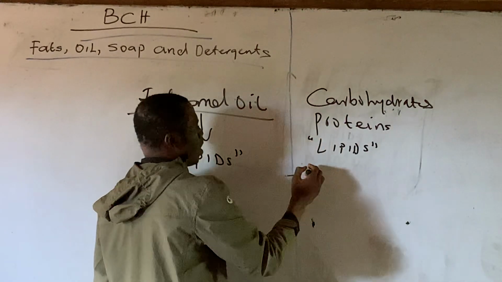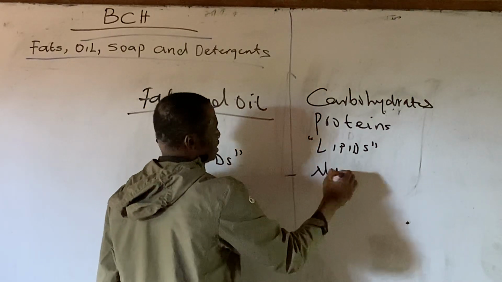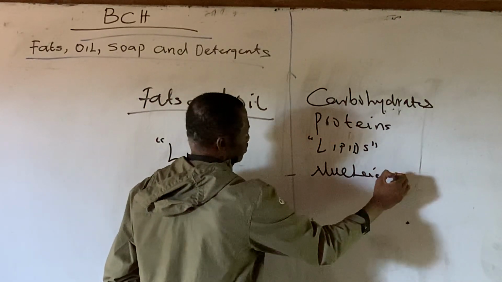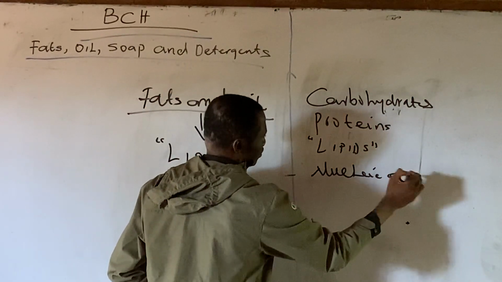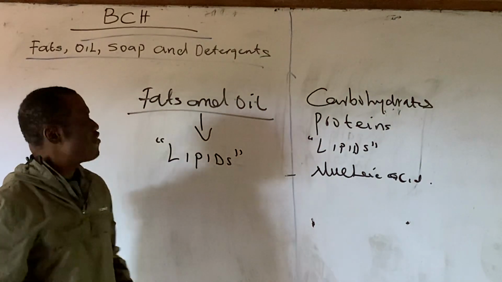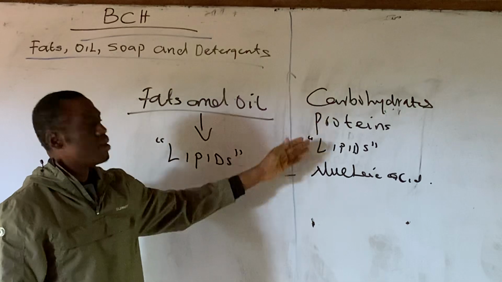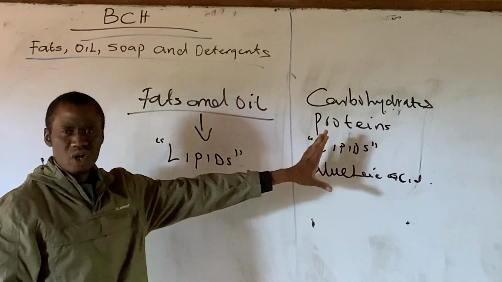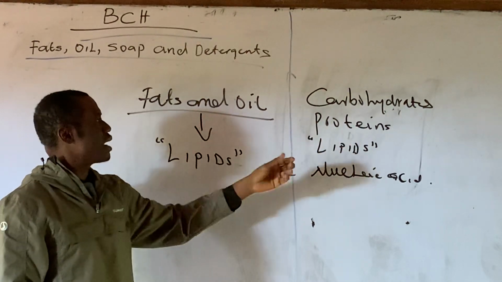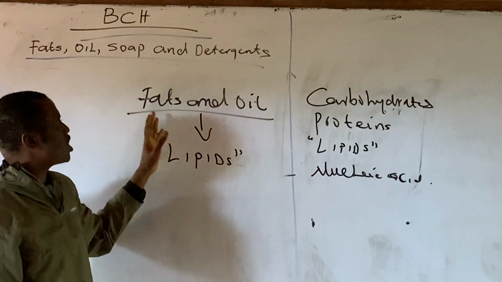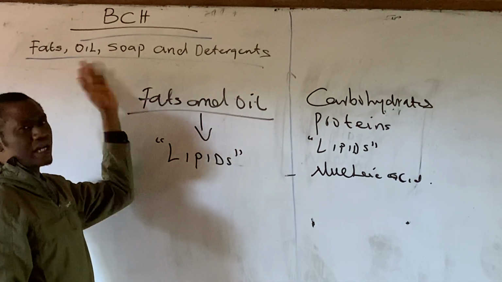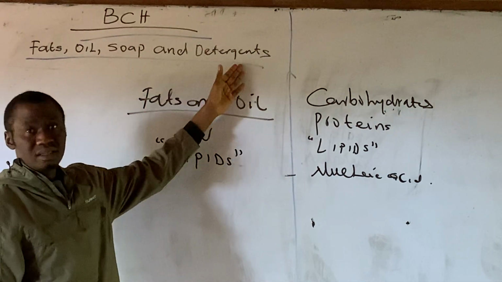And also we have nucleic acid. Alright, if you're going to study biochemistry, these are the 4 major biological molecules you will be studying in school. Meanwhile, in today's concept, we're just looking at fat and oil, soap, and detergent.